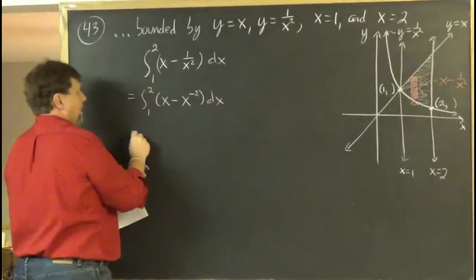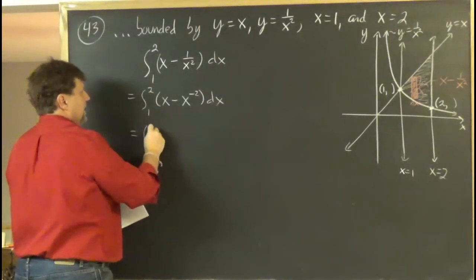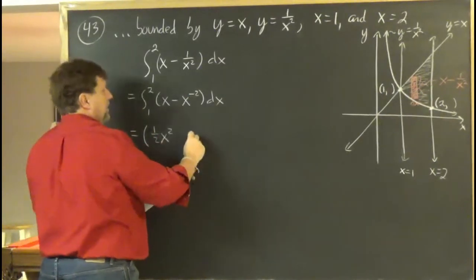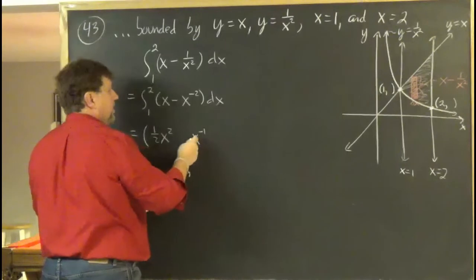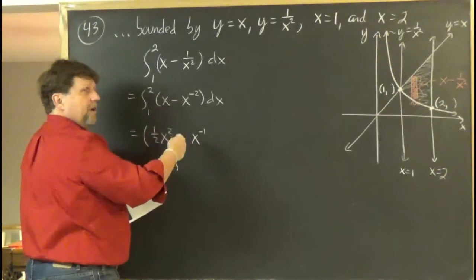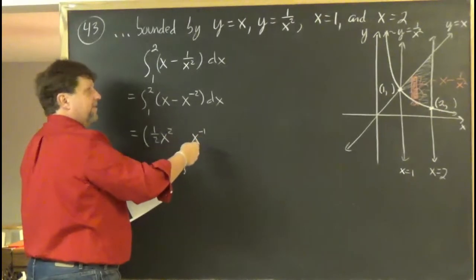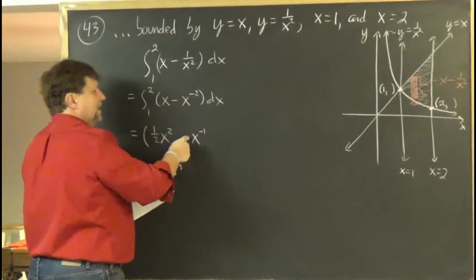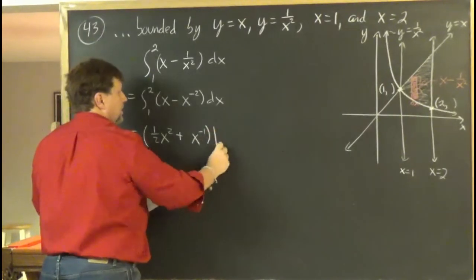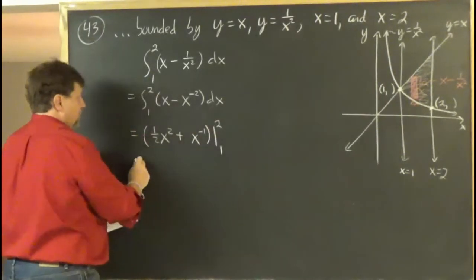So I can now use my power rule to get an antiderivative of 1/2 x squared. My new exponent here would be a negative 1. So out front, I would put the reciprocal of that new exponent. That is a negative 1. So minus negative 1, that makes it plus. Evaluate that from 1 to 2.